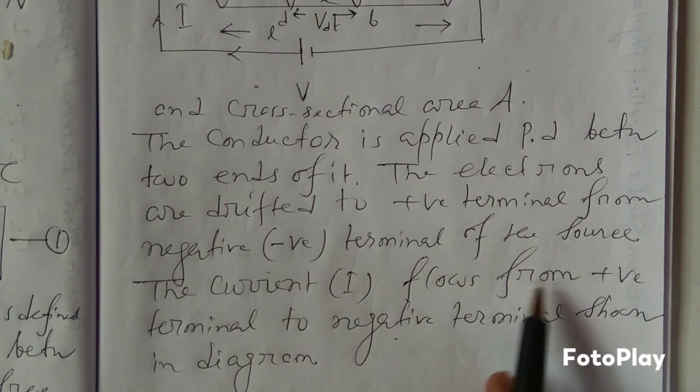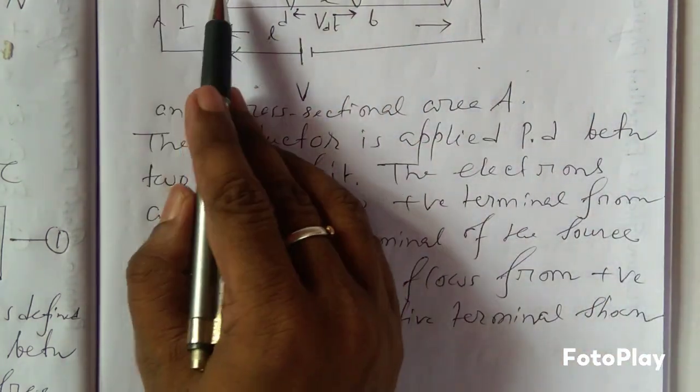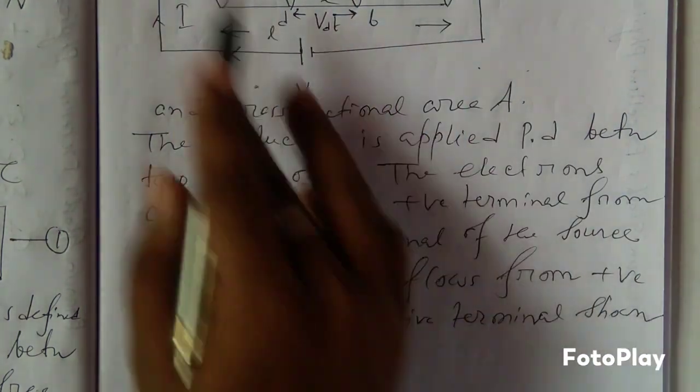So current flows in the direction from positive to negative as shown in the diagram.